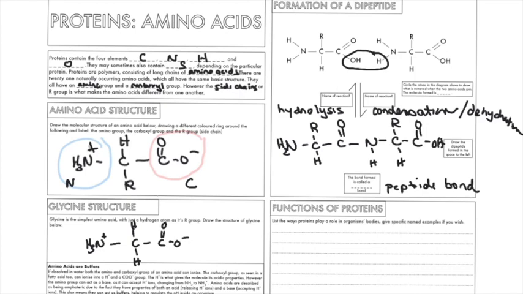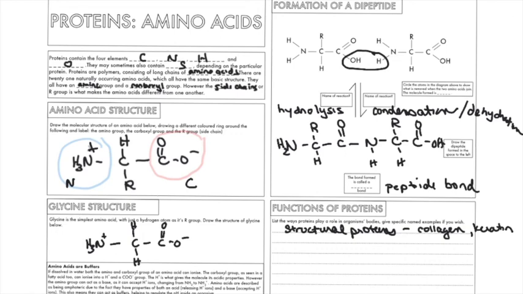Okay, functions of proteins. List the ways proteins play a role in an organism's body. Give specific names of examples if you want. So the different types of proteins that we have could be structural proteins, and that's proteins like collagen and keratin.